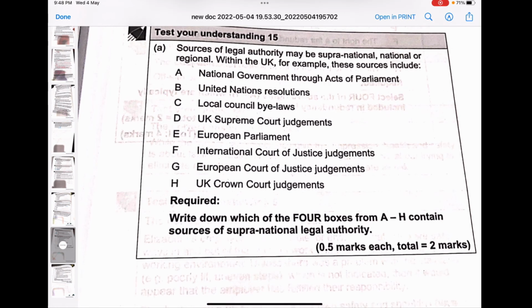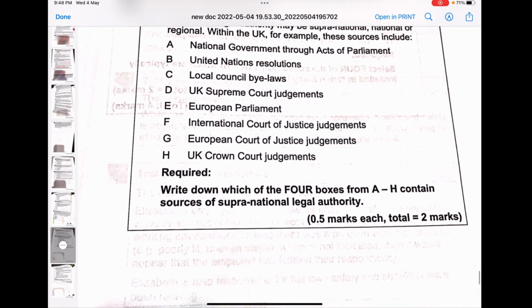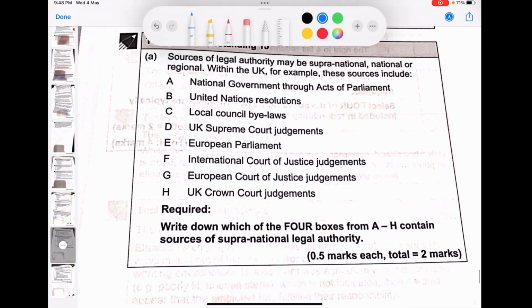Test your understanding. Question 15. Sources of legal authority may be supranational, national, or regional. Within the UK, for example, these sources include national government. We need to pick the supranational ones. National government through acts of parliament is not supranational. United Nations is supranational.